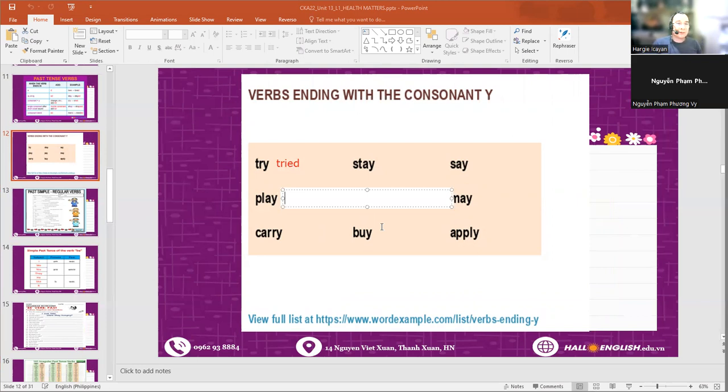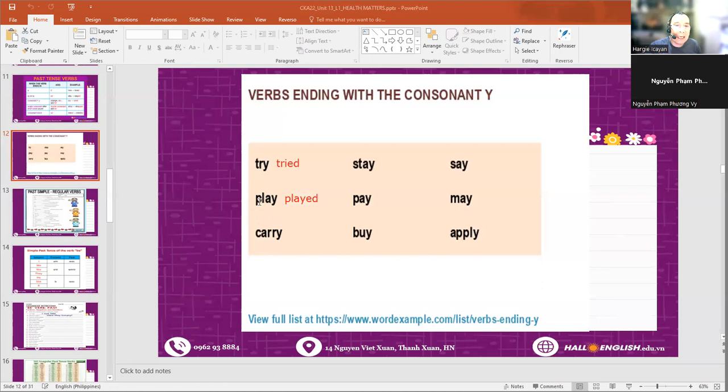Okay, what about play? So what are we going to do? How are we going to form the past tense of that? Are we going to change the Y into I? No. So what are we going to do? Can you tell me the spelling of it? P, L, A, Y, E, D. Yes. Why is it only played?